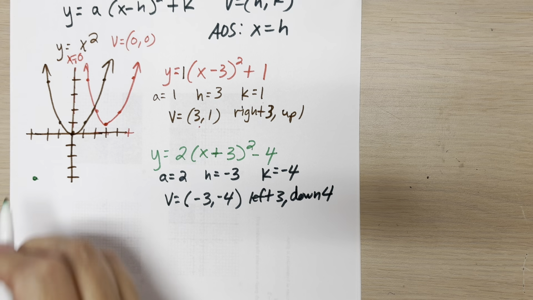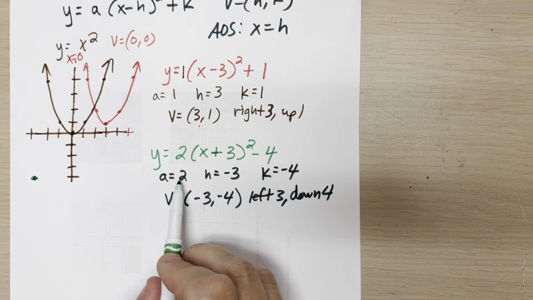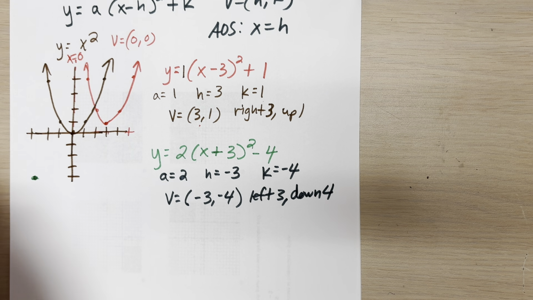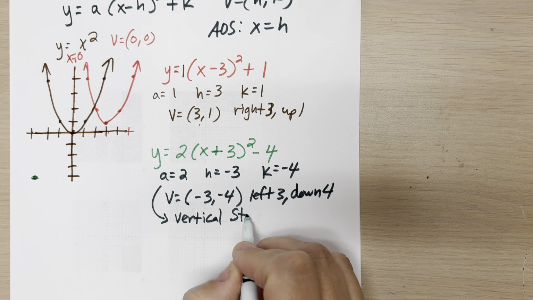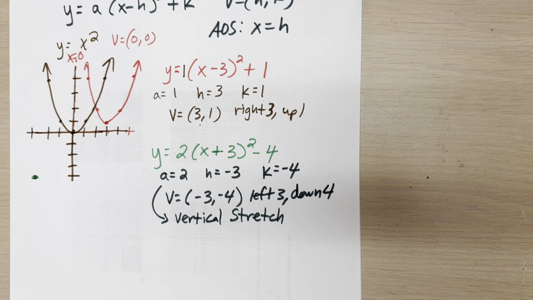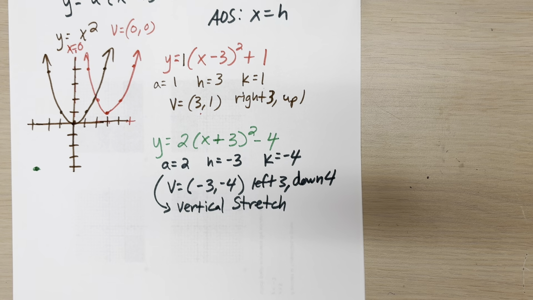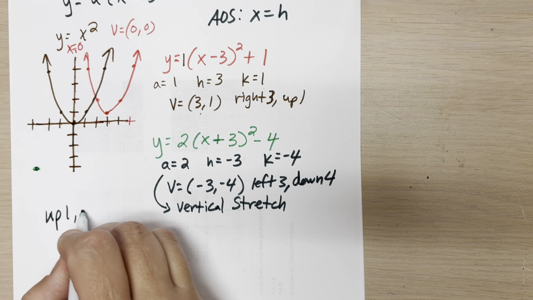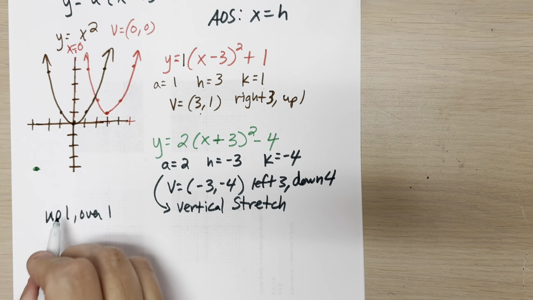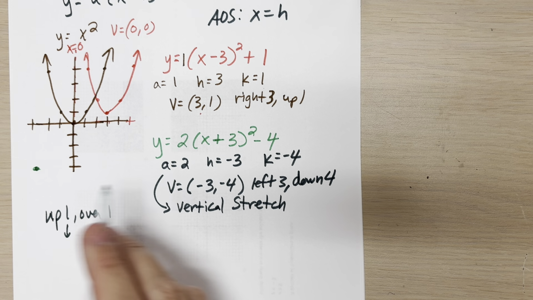The other thing that's happening with this graph is that I have an a value of 2. That is going to make the graph appear more narrow. It is a vertical stretch. This impacts our pattern in terms of the vertical changes. So normally we're going up 1 over 1. I'm going to multiply this by that a value.